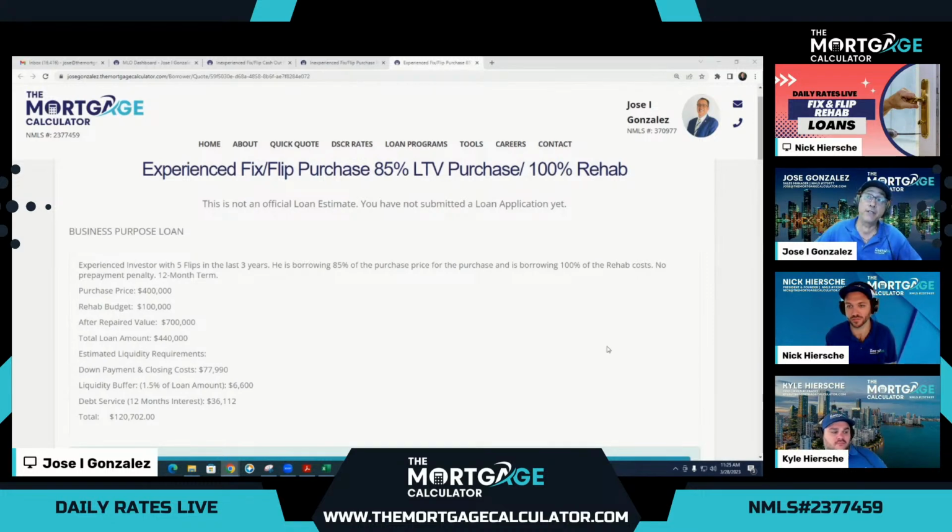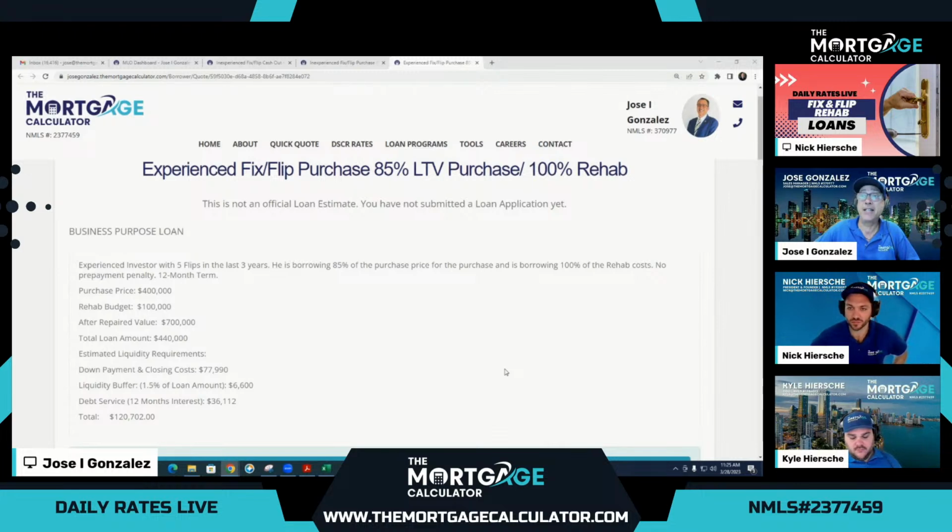A very successful scenario. So this purchase price is $400,000, rehab budget of $100,000, and an after repaired value of $700,000. In this particular case, the borrower qualifies, because of the high ARV, for a $440,000 loan amount, right?